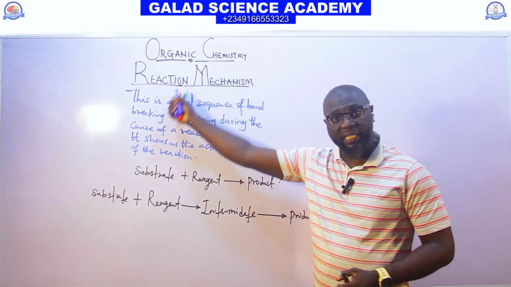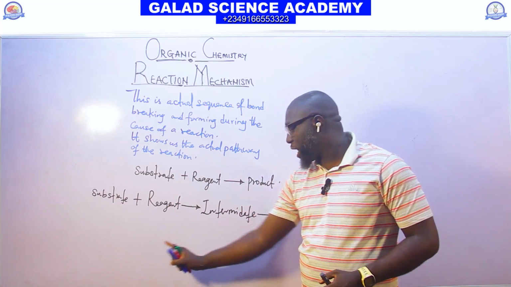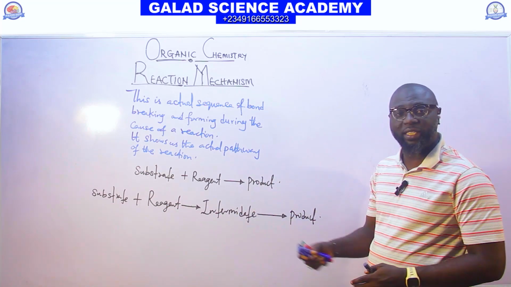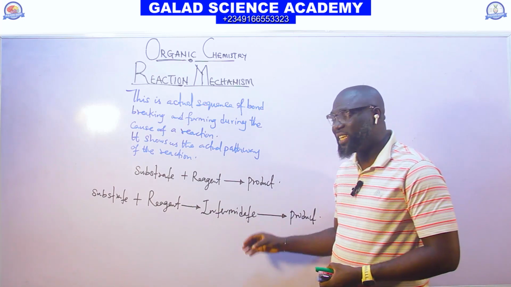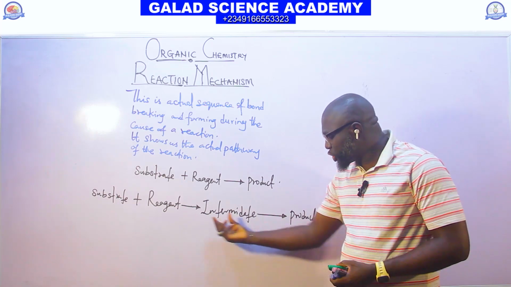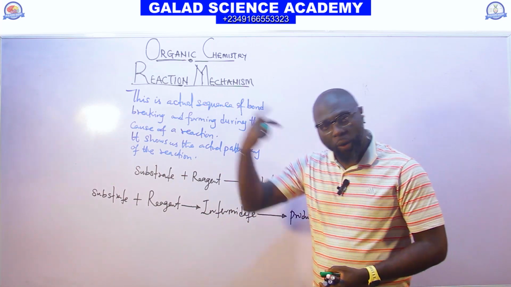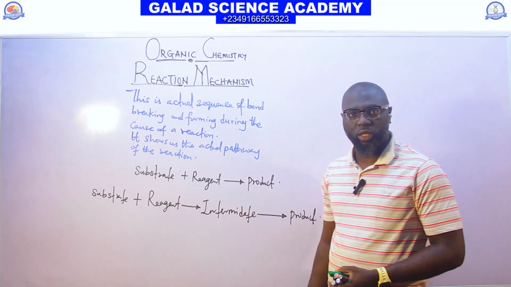To show the mechanism of reaction, when substrates and reagents react together, we have a reaction intermediate. This reaction intermediate is a short-life fragment. It just forms and then forms products.